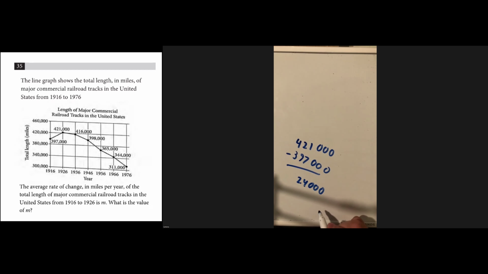And then we take that and divide by the number of years, which would be 10. So when you divide 24,000 by 10, you get 2,400, which is the correct answer.